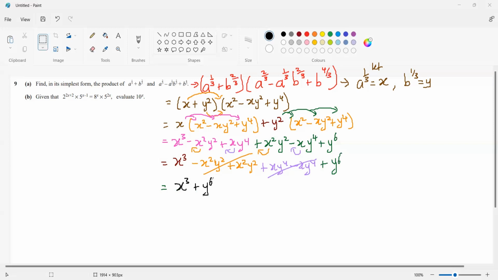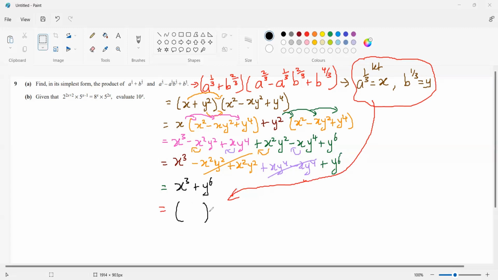Now let's substitute out the x and y at this time. What do I mean by that? Remember, we let this temporarily equal to this. So something cubed plus something to the power of 6. So a to the power of 1/3, to the power of 3.